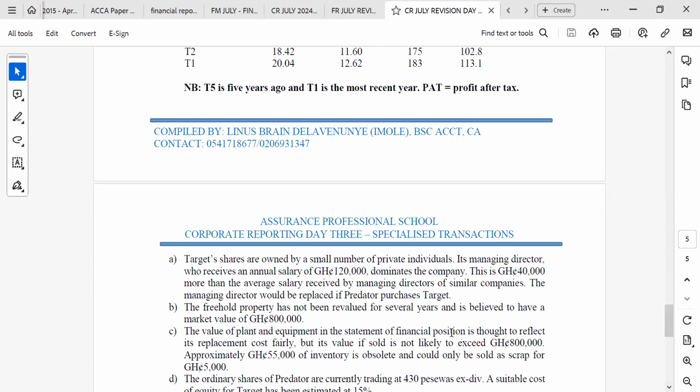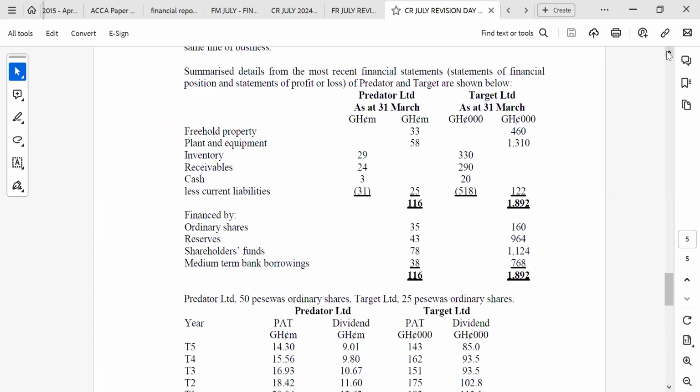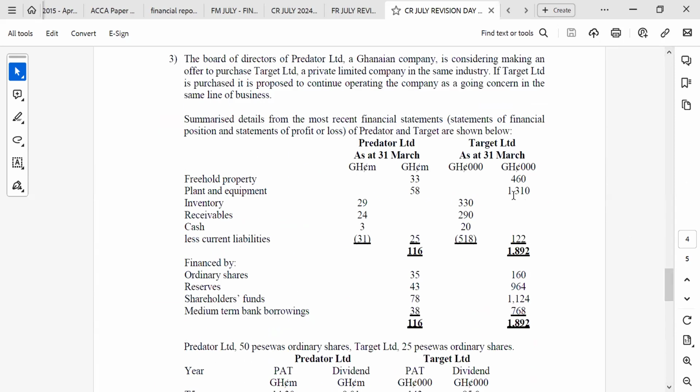The fair value now will be 800,000, but the replacement cost is 1310. What value are you going to be using? We'll use the 800,000. Are you sure?